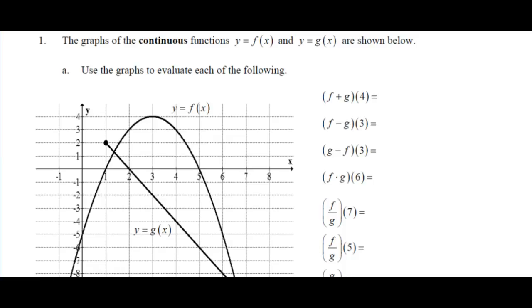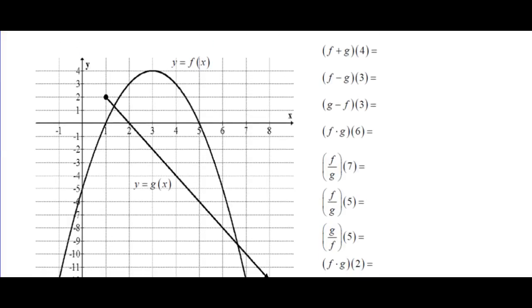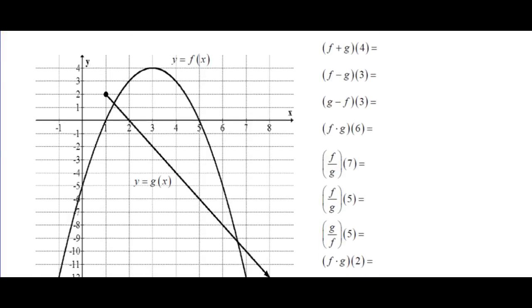Here we have the graphs of the continuous functions y equals f of x and y equals g of x. G of x is special: it starts at 1 and goes down, whereas f of x has arrows on both ends. It's defined for all elements of the domain. So what's f plus g of 4? Your first thought is f of 4 plus g of 4.